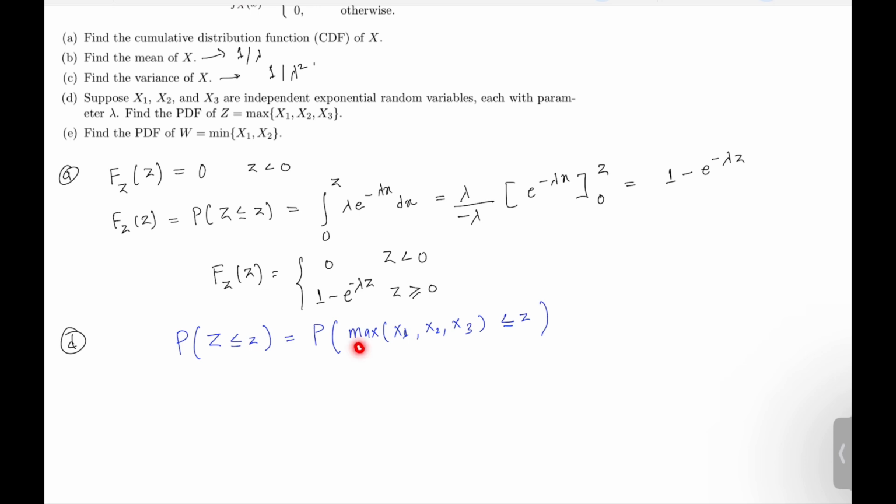We are given that the max is less than or equal to z. Can I say that each one will be individually less than or equal to z? You can verify this.